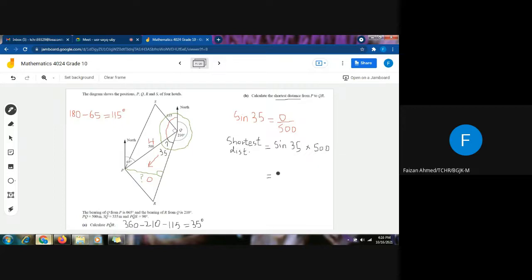So the shortest distance is basically 287, because it was almost 286.8, so I just rounded off, and the unit is the meter. So this is the shortest distance from P to QR, and this is a new method of finding it because I cannot use the old method. I cannot find the area of this triangle. So that is the answer of the second part.